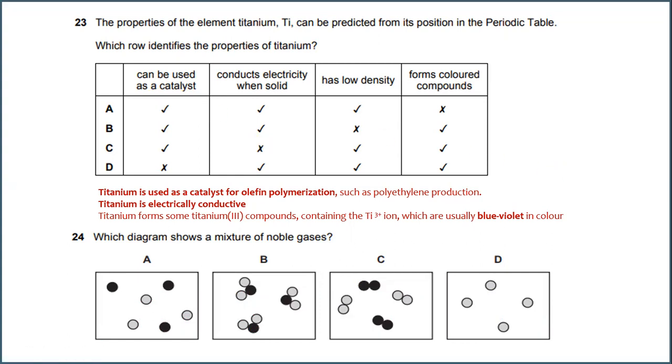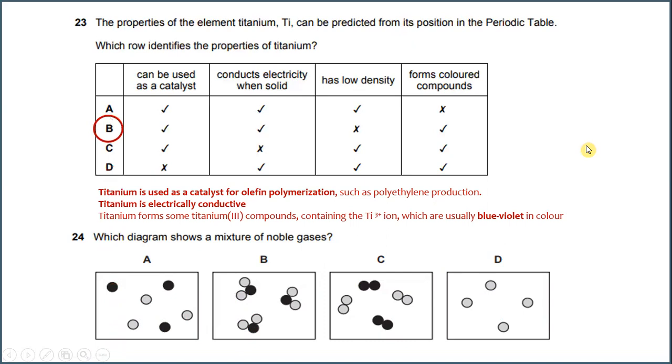Titanium is electrically conductive, so it conducts electricity. So give a check. And some titanium(III) compounds contain the Ti3+ ion, which is usually blue-violet in color. It means that it forms coloured compounds, and it does not have low density. So the answer for 23 would be B.